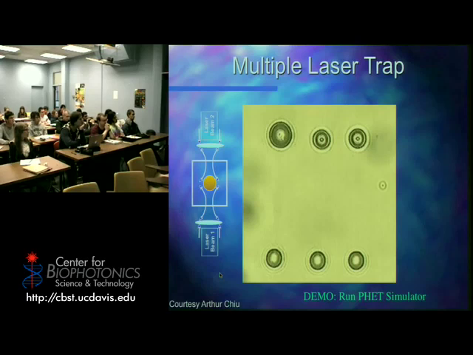Now, I can't trap you with a laser beam. Okay? That doesn't work. The amount of energy that I would need for that is ridiculously large. Okay? But I can trap a very small, 5, 10 micron bead in a solution.